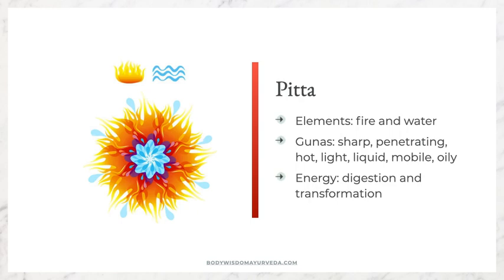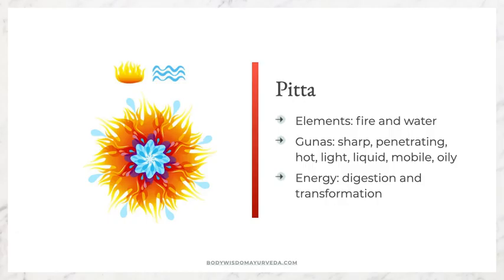Pitta is composed of the elements of fire and water. The gunas associated with it are sharp, penetrating, hot, liquid, mobile, and oily. The energy of pitta is the energy of digestion and transformation.